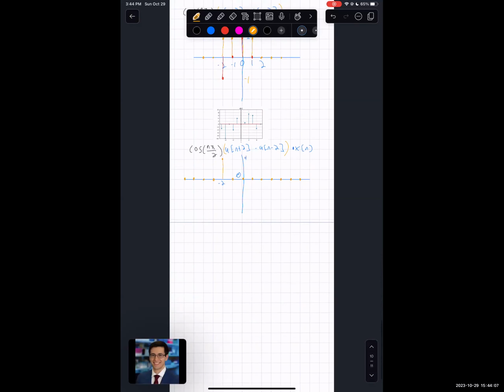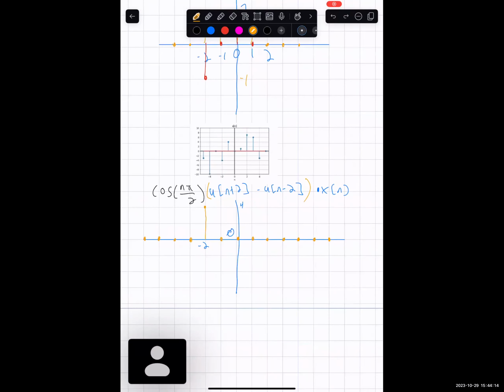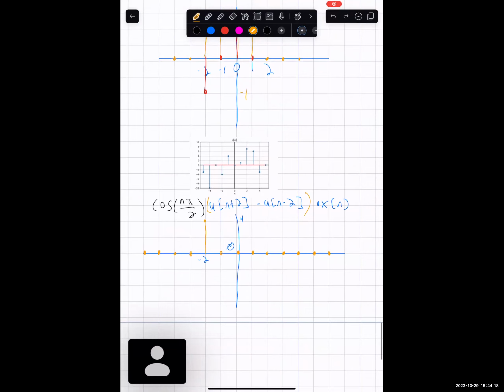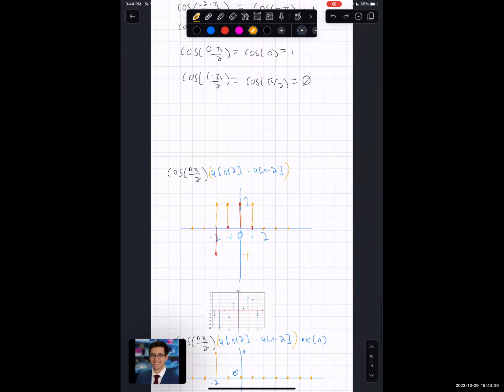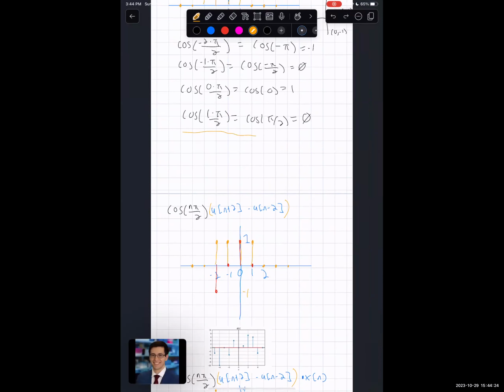The final graph is 0 at n equals 0. Is that your question? It's because this guy is 0. Oh, what's the final graph at n equals 1? At n equals 1, it's because here.